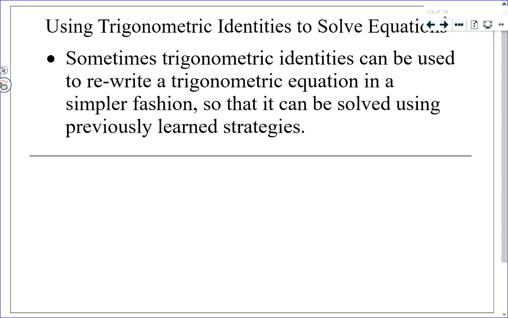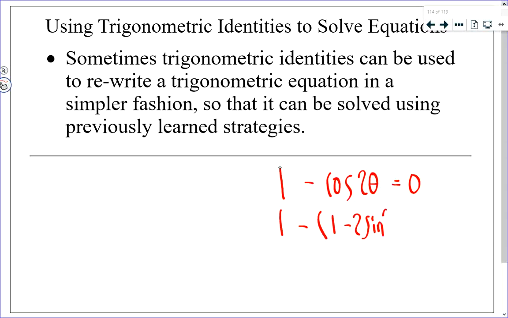If I have 1 minus cos 2 theta equals 0, you don't know how to solve that trigonometric equation graphically, but if you put in for cos 2 theta 1 minus 2 sine squared theta, which would be the smart move because the 1 minus 1 cancels, you would have 1 minus 1, which is 0, and then minus negative 2 sine squared.